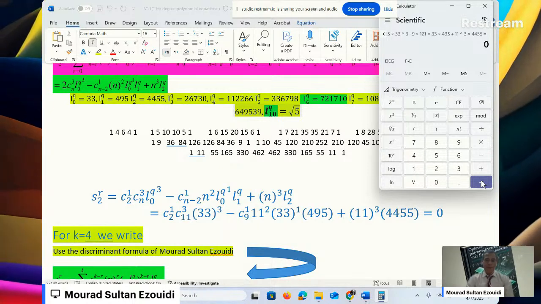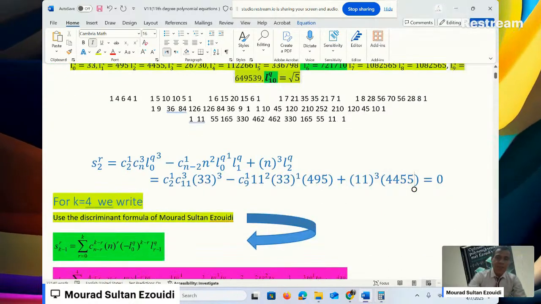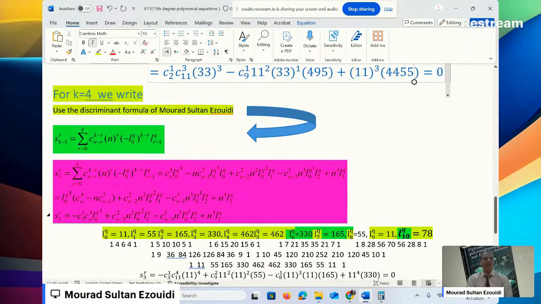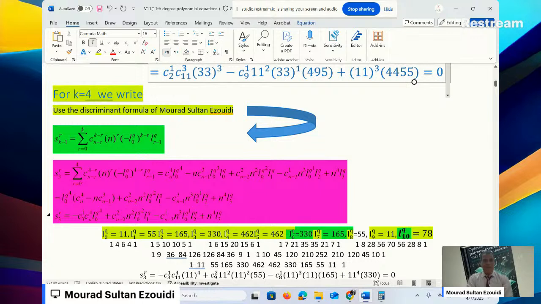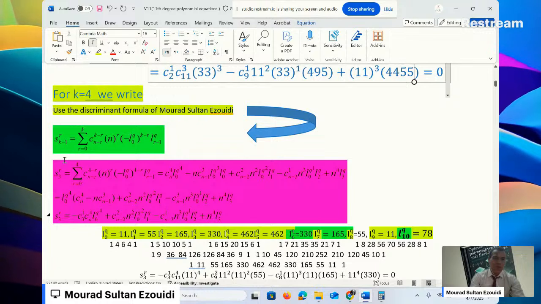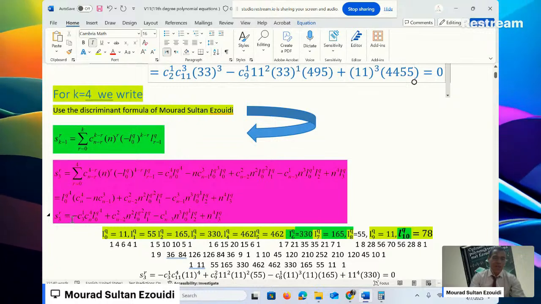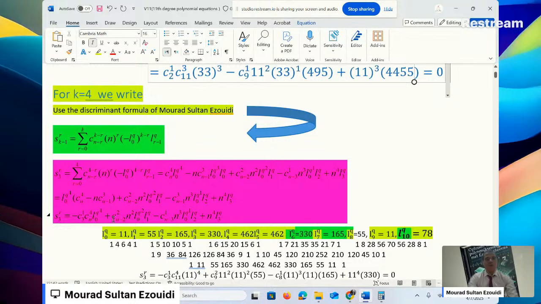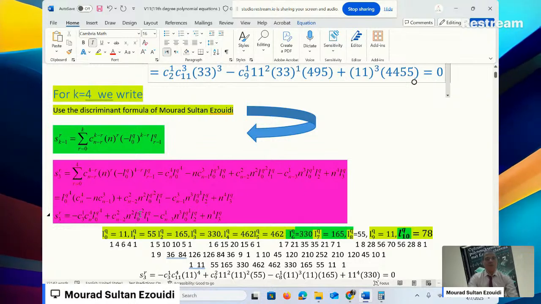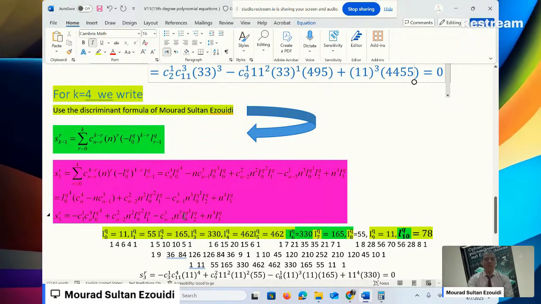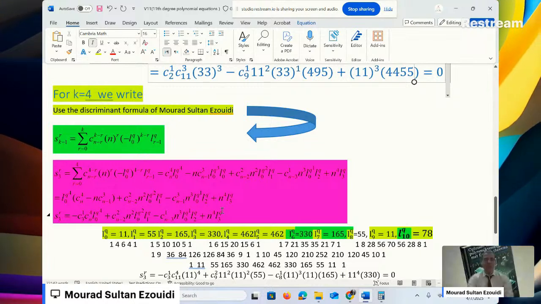Now we continue, my kids. We should find out S3. To find S3, just go and use Bezout's theorem. So for S3, K equals 4. I will obtain S3 for r equals negative combination 11 choose 4, times n0 to the power 4, plus combination n minus 2 choose 2, n squared, n0 squared times n1, minus combination n minus 3 choose 1, n cubed times n1 times 2, plus n0 to the power 4 times n2.